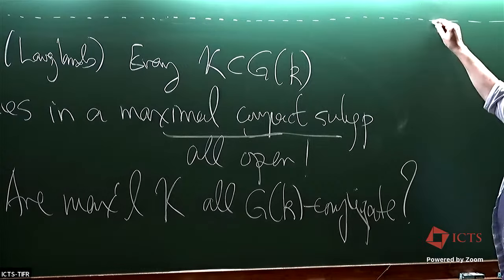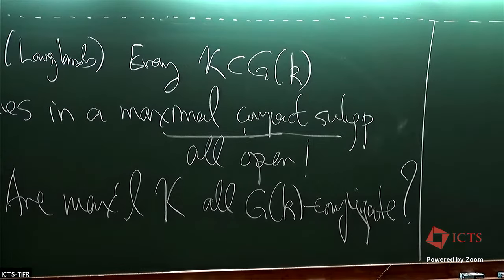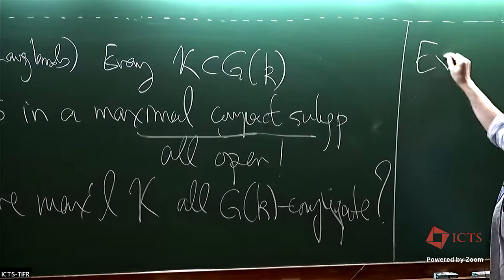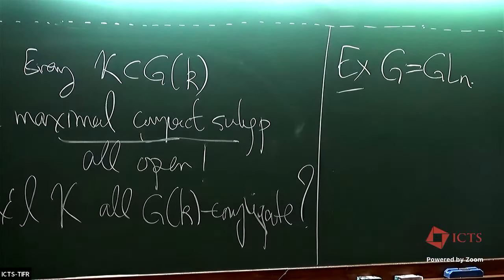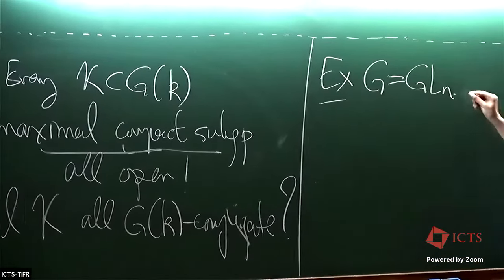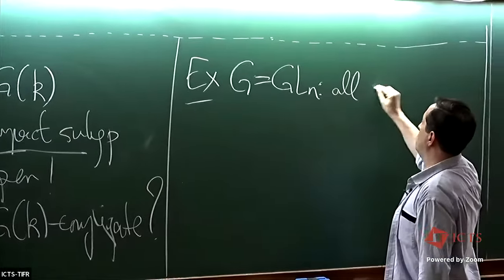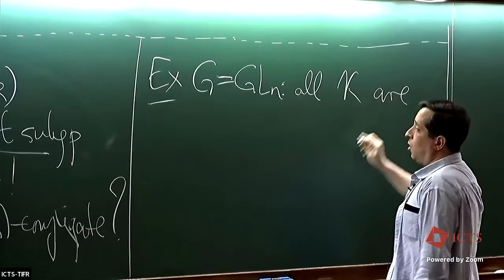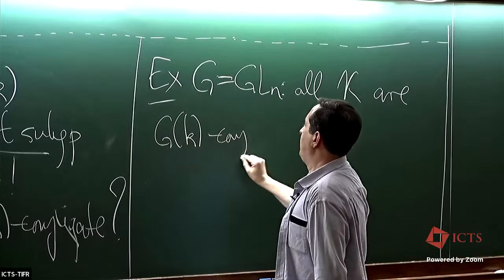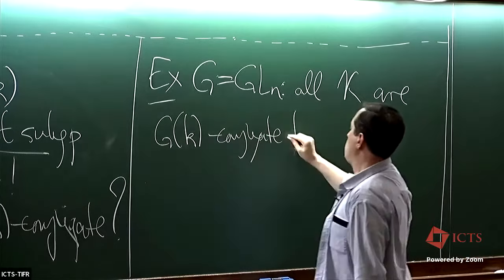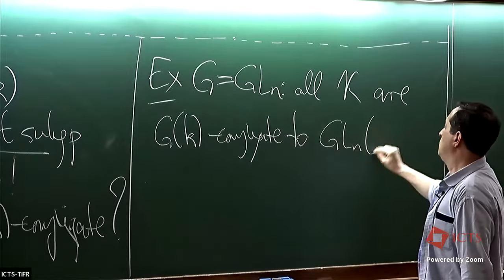But the first example I want to look at, simply because it's going to set the stage and be useful for other purposes later, is the case of GLn. So in the case of GLn, by a lattice argument, in fact, it is true that all maximal compact K are conjugate in G to GLn(O).